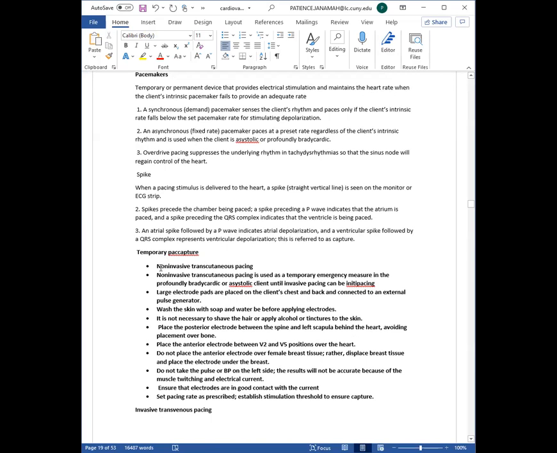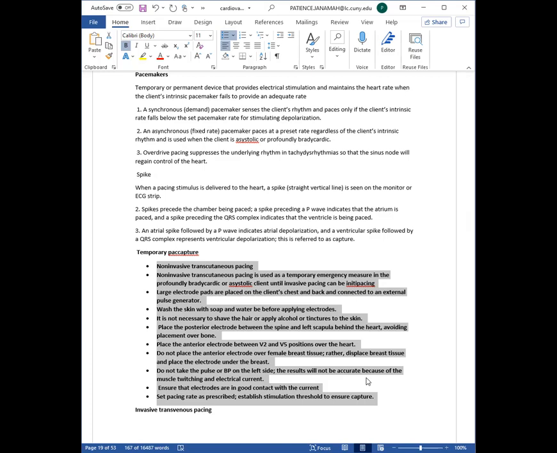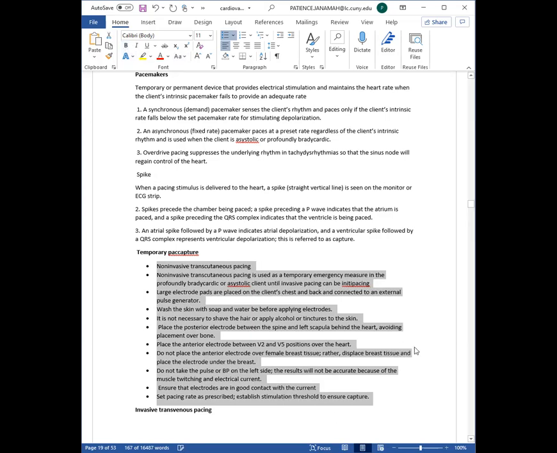Now we have the temporary pacemakers. We have non-invasive transcutaneous pacing. This one is non-invasive and is used as a temporary emergency measure in the profoundly bradycardic or asystolic client until invasive pacing can be done. It is a machine.